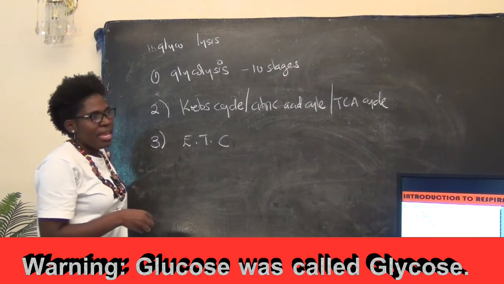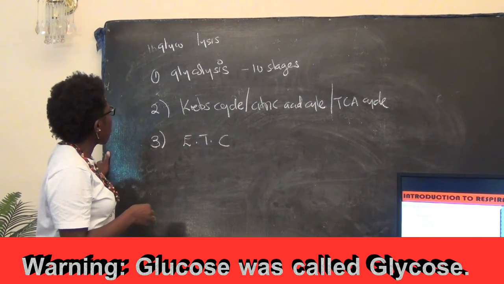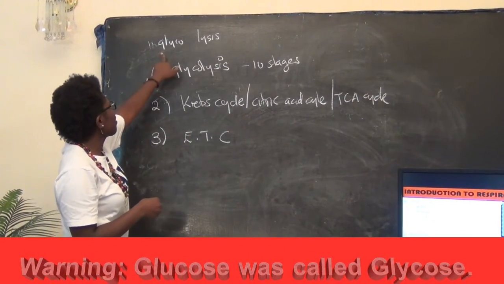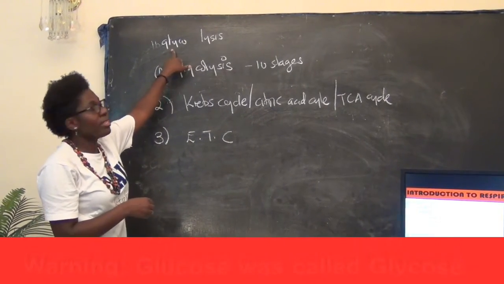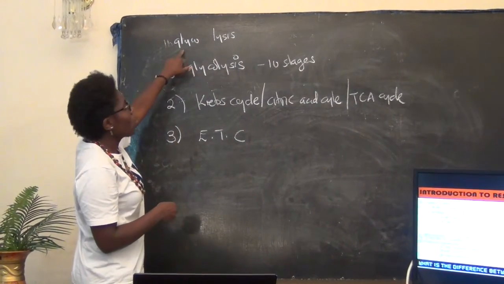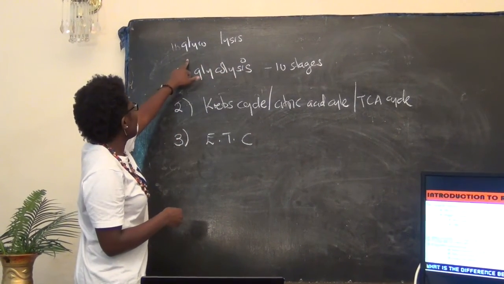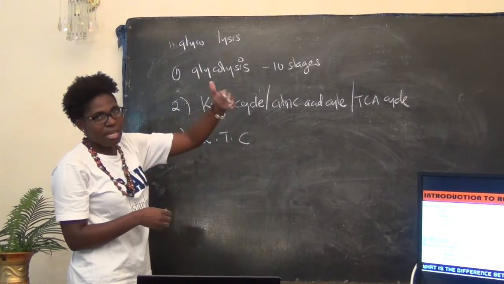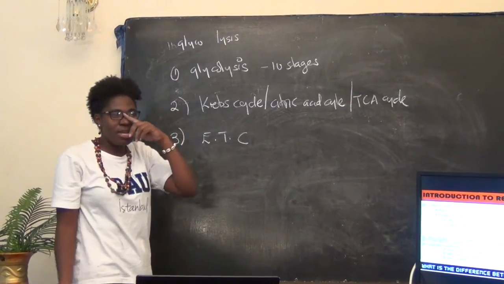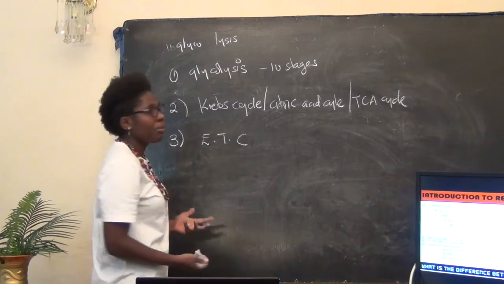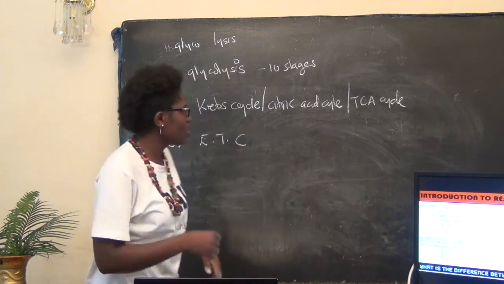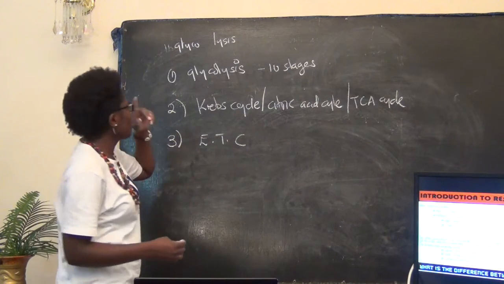And initially, that was a long time ago, glucose was called glycogen. So that's where we get the term glyco. And the term glyco simply means a sweet, simply means a monosaccharide, and simply means a 3-carbon molecule. And then lysis means breaking down. So maybe that's where we get the term where people simply call respiration the breaking down of glucose into those other constituents that we know of.